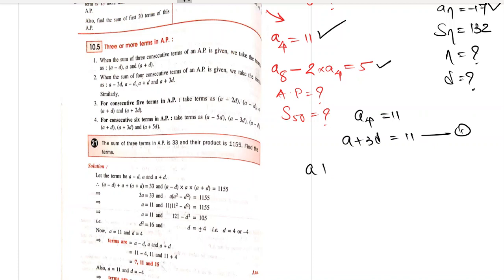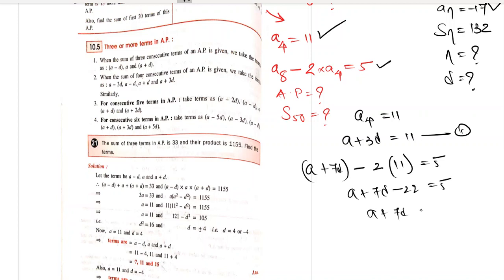Eighth term, A plus 7D, minus 2 times the fourth term, means minus 2 times 11, is equal to 5. So A plus 7D minus 22 is equal to 5. So A plus 7D is equal to 5 plus 22. So A plus 7D is equal to 27. This is equation number 2.